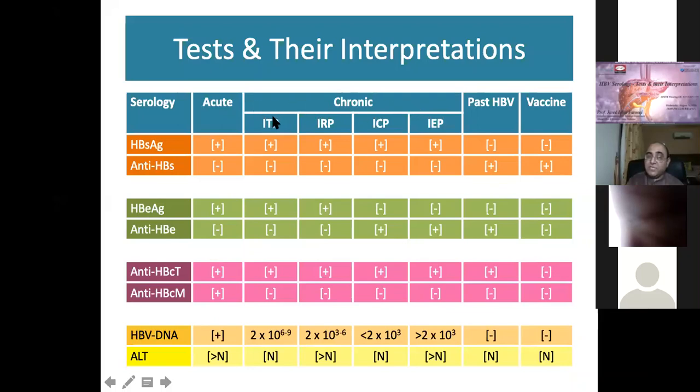If the patient is in the chronic phase, either this is immune tolerant, immune reactive, immune control, or immune escape, or the patient is completely recovered. This is a very important slide, and if you keep this in your mind, then you can easily put your patient into a phase. If the patient is in the immune reactive phase or immune escape phase, this is the phase where the patient will need treatment.